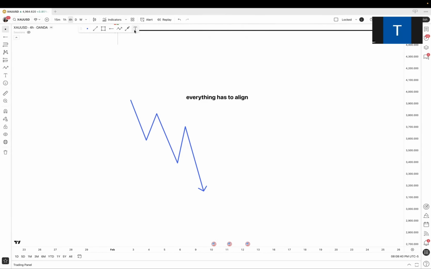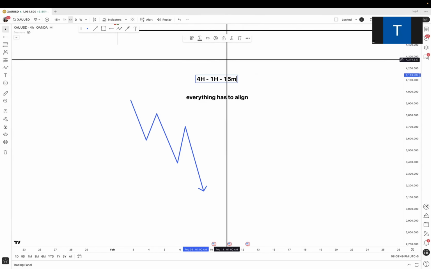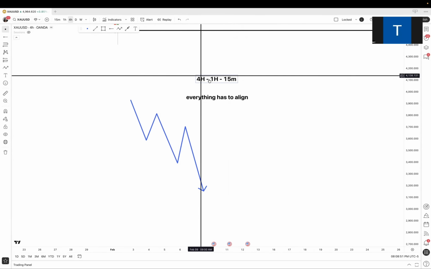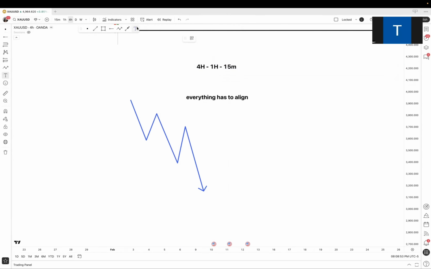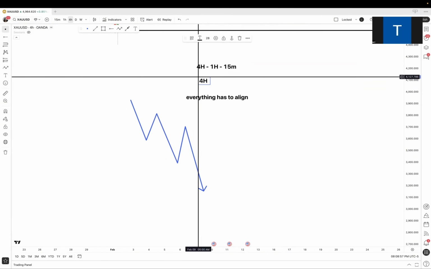So 4 hour time frame, 1 hour time frame, 15-minute time frame. Or if you're going to do it with the 15, just remember the 15 can sometimes be broken a lot. So if you really want the go-to, I would just use the 1 hour and 4 hour time frame.